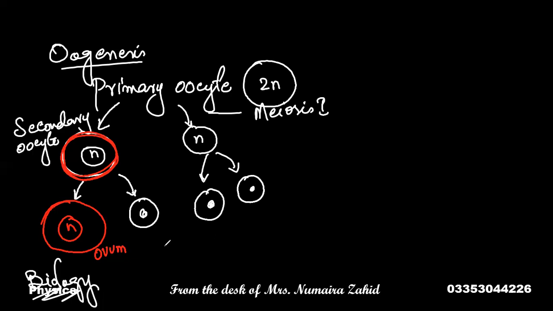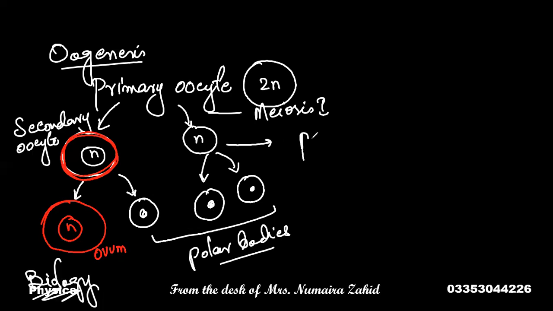These 3 cells are called the polar bodies because they are not responsible for fertilization. They are not able to get fertilized by the sperms. So this cell is also called a polar body.